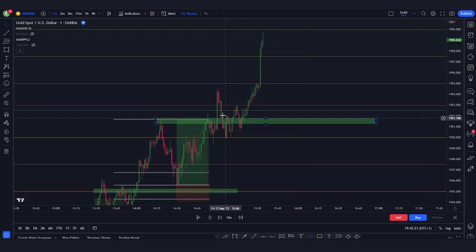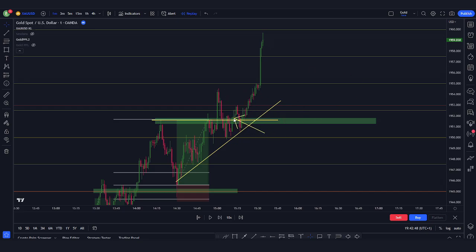So as you can see here, price, after tapping this PPL multiple times, which was this previous order block high, breaks above. So if you don't want to enter over here, you have a few candle confirmations. You have the continuation up. You can see very clearly that we keep making higher highs and higher lows. I would say that a possible entry is with a breakout.